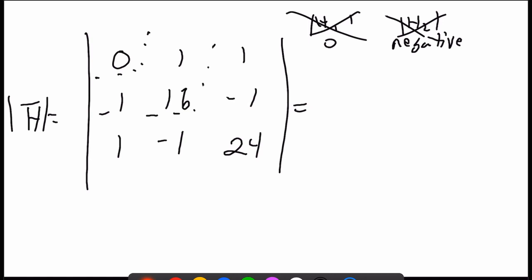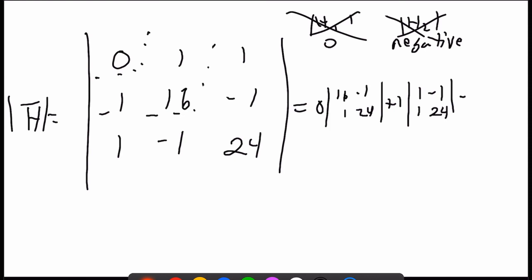So that's 0 times 16, 24, minus 1 and 1, plus 1 times 1, 1, minus 1, 24, right? Minus 1, that's minus, this is plus. 1, minus 1, 16, 1, minus 1.